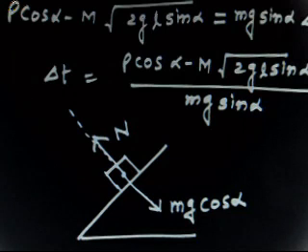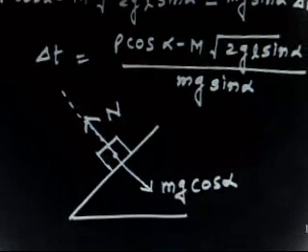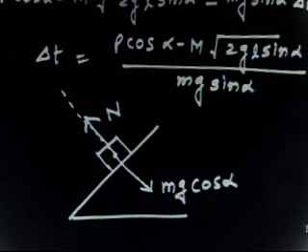So to find the normal reaction, there is another unknown. If I apply the same equation in the perpendicular direction, I will not get the time duration, because the normal reaction is another unknown. That's why I have not applied dp is equal to F external into dt perpendicular to the incline.